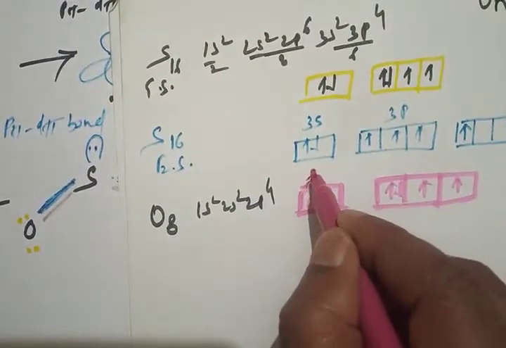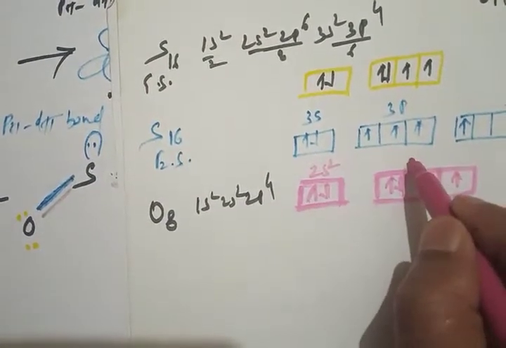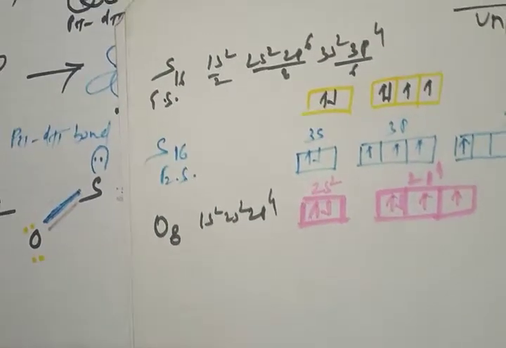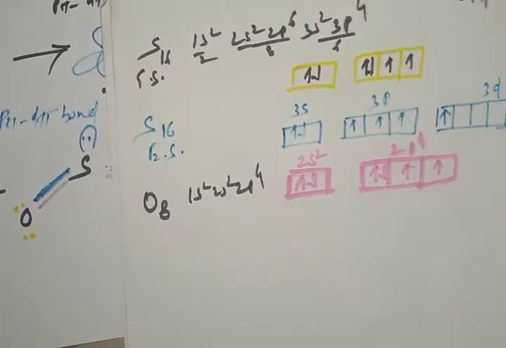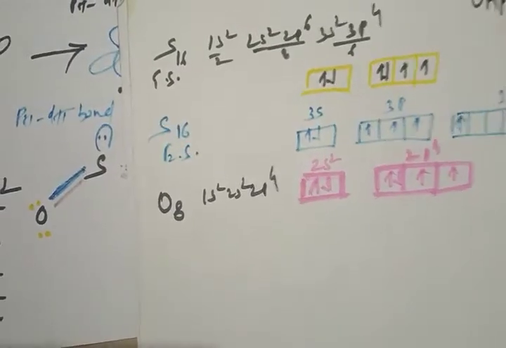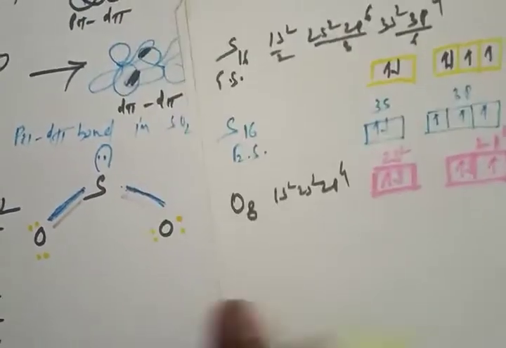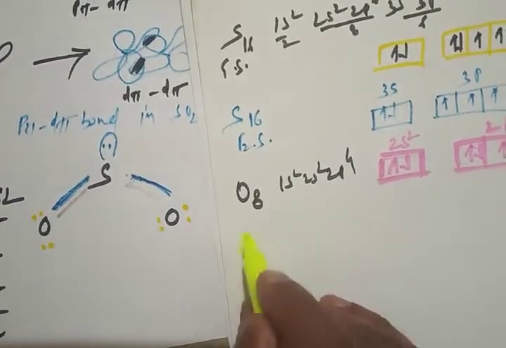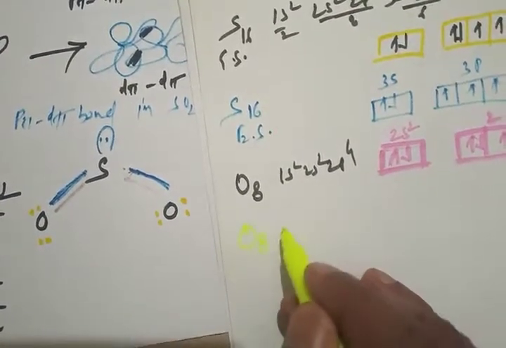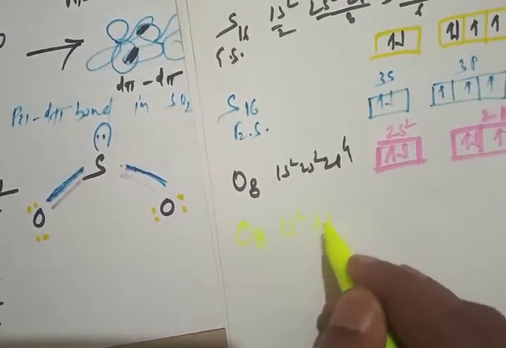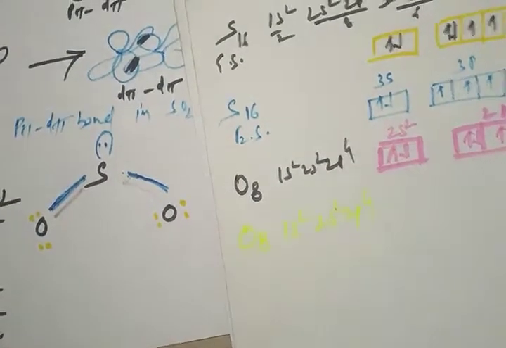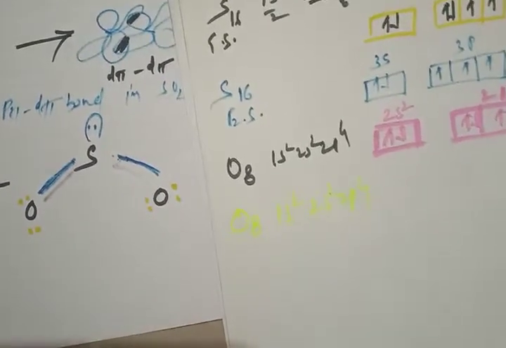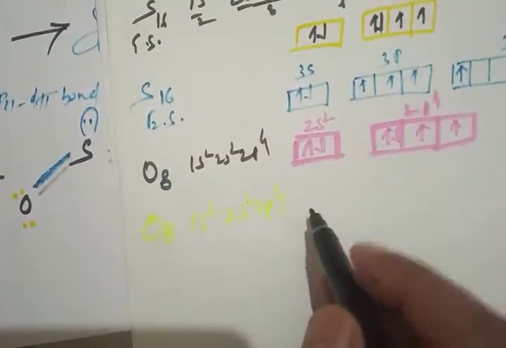So this is the 2s2 and this is the 2p4, correct? And as for the other oxygen also, we have 2 oxygens. One oxygen is for this and another oxygen is for this. So the second oxygen, 1s2, 2s2 and 2p4.